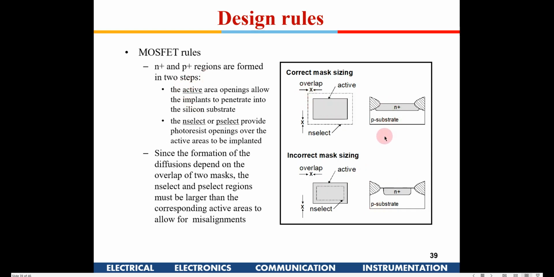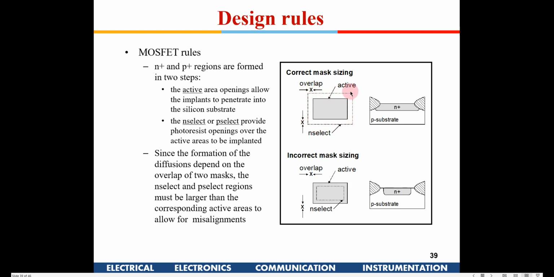Similarly, if you see here, this is the N active area. This is the mask, and this is the N active, where the device is being made, right. We learned a few minutes back that first we need to cut a hole and make an N active area, so the mask will be the outside one.